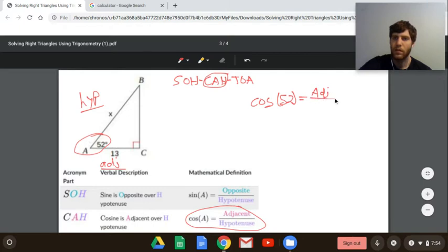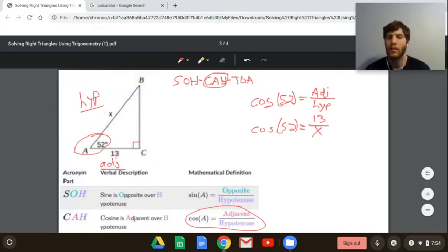Sorry to do an extra step. Adjacent over hypotenuse. All right, so cosine 52. The adjacent side is 13. The hypotenuse is x. So cosine of 52 equals 13 over x.